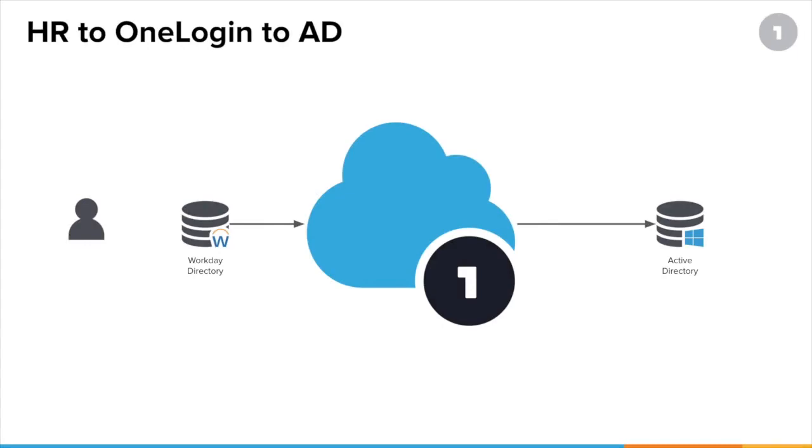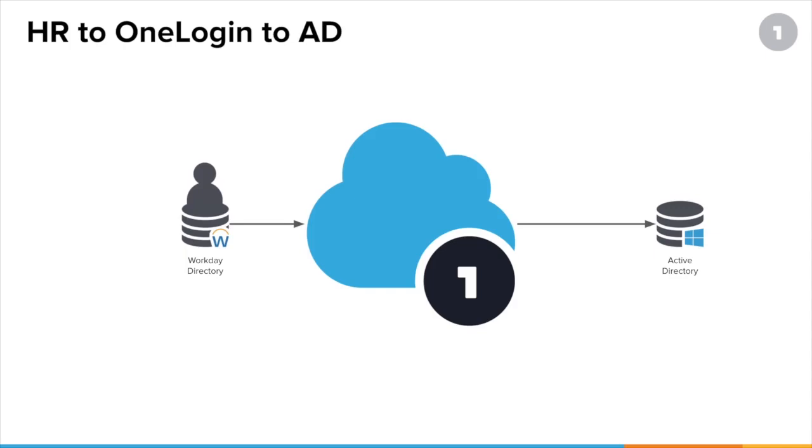Finally, keep in mind, you can also use multiple directories to manage the same user. So your entire user management flow could look something like this. A new employee comes on board, HR creates an account for them within the HR application, like Workday.